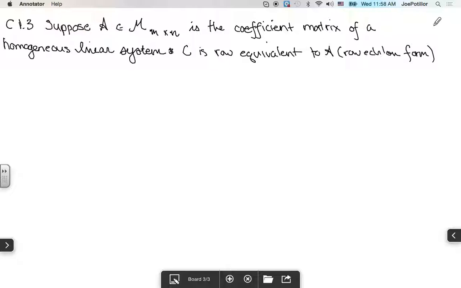Okay. And so, suppose that this is true. The system has the zero solution if and only if each column of C has a leading one.